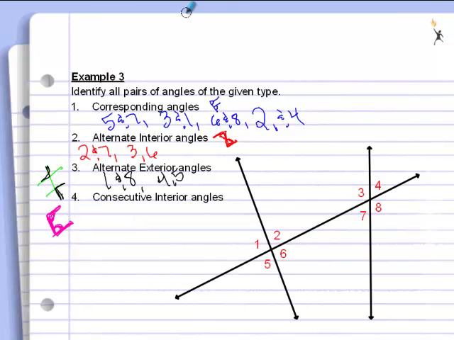So if I find my two lines, first of all, because that's what I need, there are my two lines, cut by my transversal. Now I'm looking for angles that are on the same inside and are consecutive. Consecutive means they're right next to each other. Now there are two pair. Can you identify them? Maybe the first ones that you're looking at are 2 and 3.